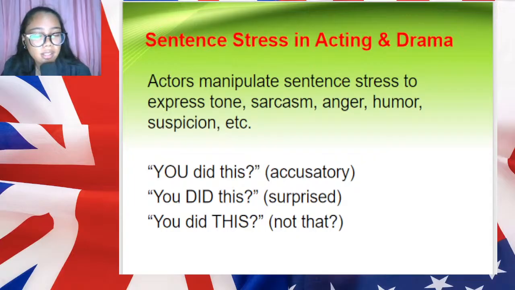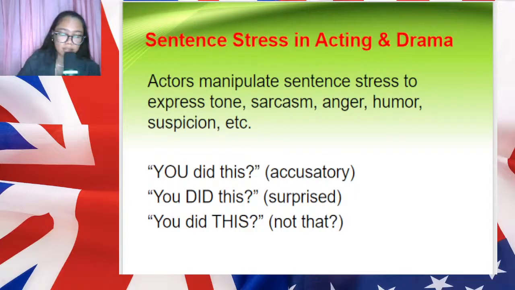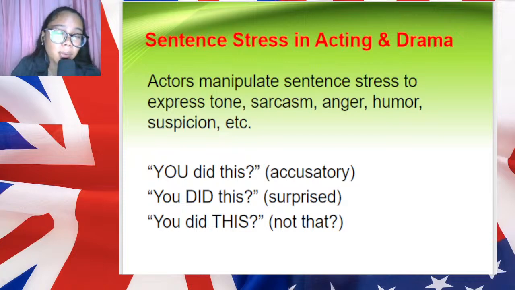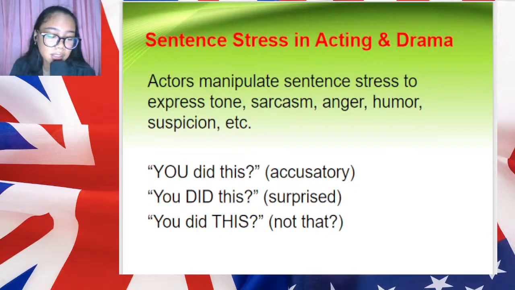So what's happening here, we are seeing the beauty of prosody. That's another thing that we are going to really tap on maybe in future sessions, because prosody is quite a long topic, no?